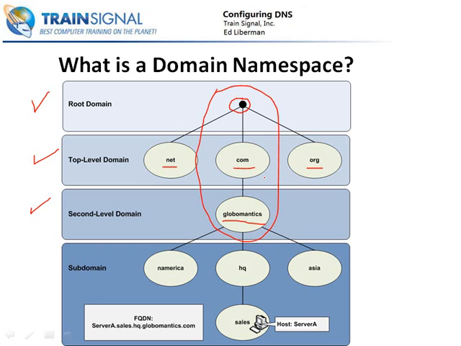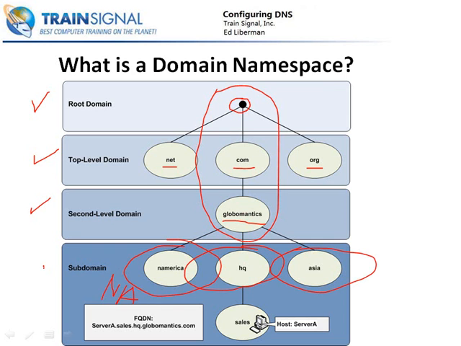domain. But if we move down further from there, you may remember that GlobalMantics is a worldwide organization that has some subdomains built into it. We have our North America, or what we actually just simply called NA. That would be the official name of what we called it, na.globalmantics.com. We've got headquarters, and we've got Asia.